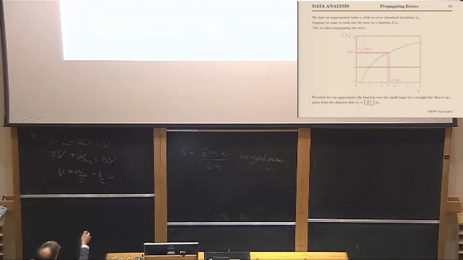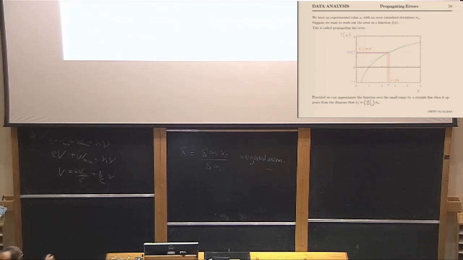And what you're interested in is some function f of a. And so if, as it were, 68% of the numbers that you've obtained are between the 2 red lines, then 68% of the numbers will be within the 2 red lines up here, which is f of a plus the standard deviation for f, df. Okay?